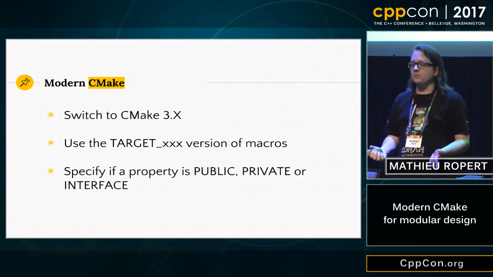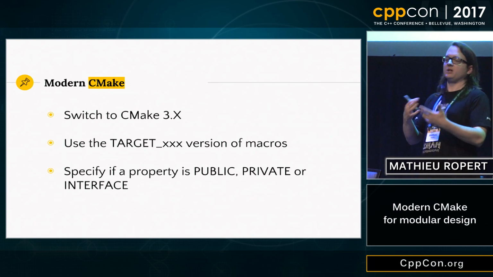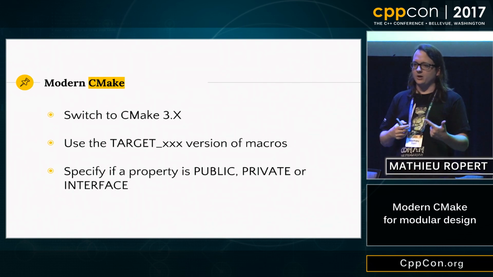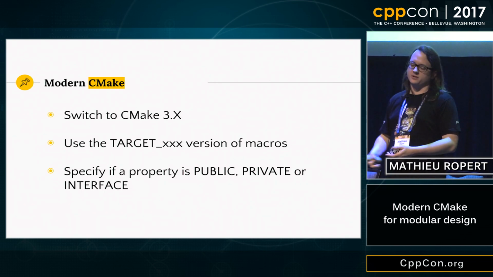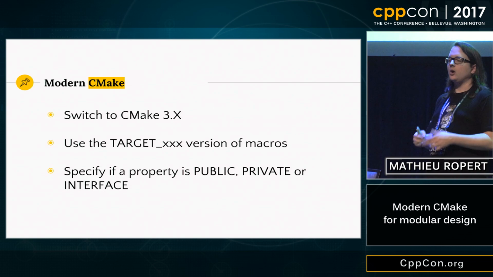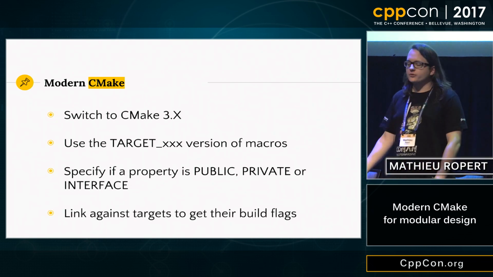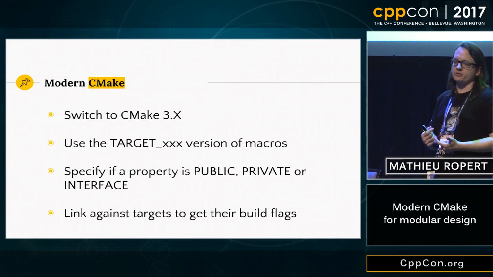If you are trying to expose something to CMake, it needs to know the level of visibility, the same way that when you put something in a class, you have to wonder, is it public, private, or well, it's not protected in that case, but is it public, private, or both? And of course, you have to link against the target to get all these properties.